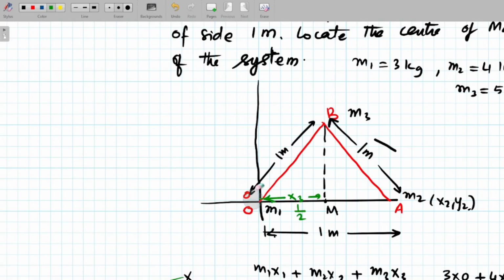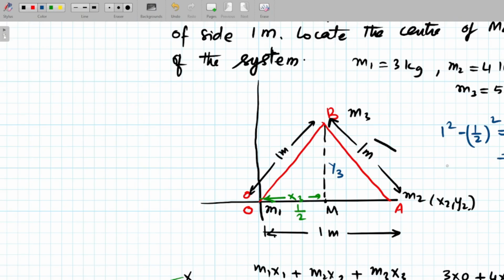So OB is a hypotenuse. Can you not calculate? 1 square minus 1 upon 2 square would be BM whole square. BM is your Y3. So what is Y3?